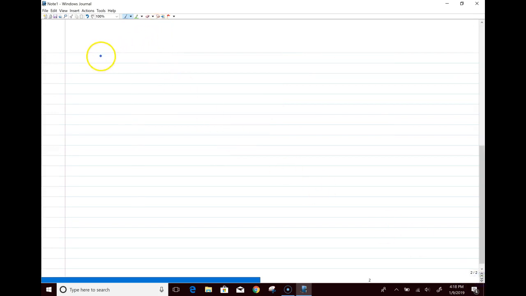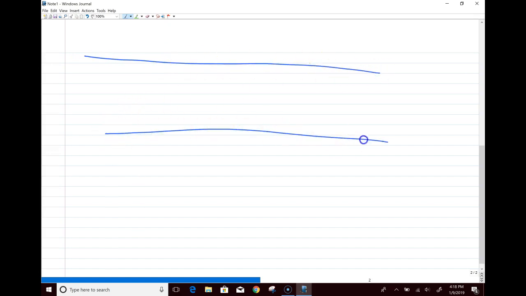Now, it gets a little more complicated when we add in more lines. So we had this. There are now twice as many angles. So usually we only have to worry about just one line. Now we have two transversals.